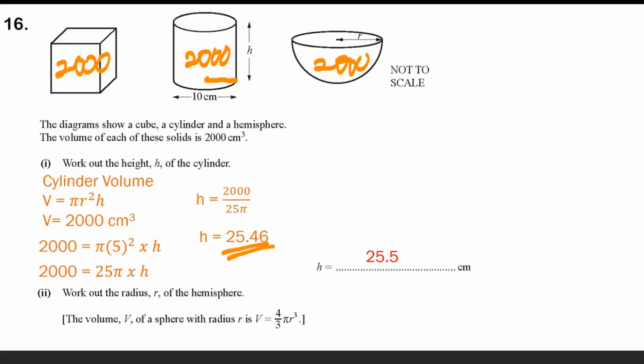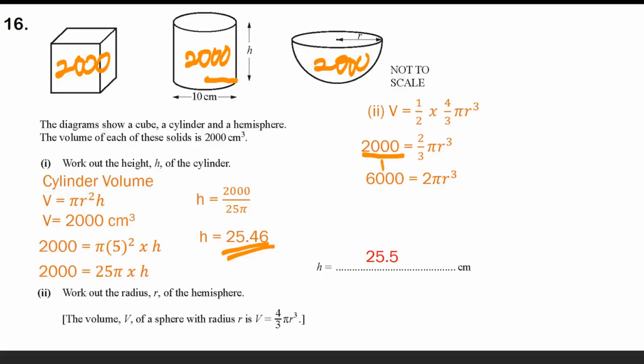Work out the radius r of the hemisphere. Use the volume formula for the hemisphere, which is 2/3 pi r cubed. So 2,000 equals 2/3 pi r cubed, and your radius is missing, but you are going to use cross multiplication. Cross multiply 2,000 times 3, that is 6,000.